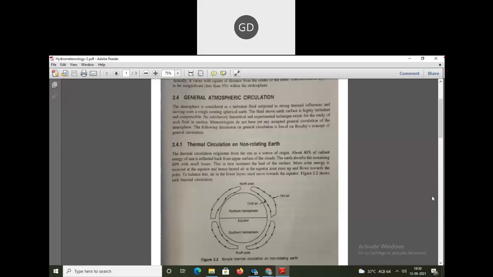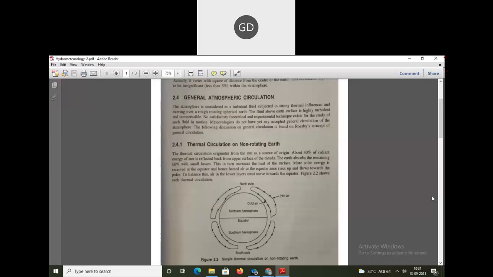So this increases the heat of the earth's atmosphere. The surface of the earth is now being heated. At the equator of the earth, more solar energy goes to the equator zone, and the air gets heated up and rises, moving towards the poles of the earth.